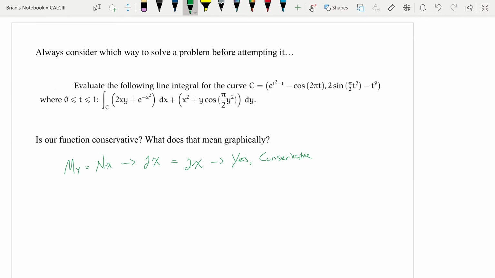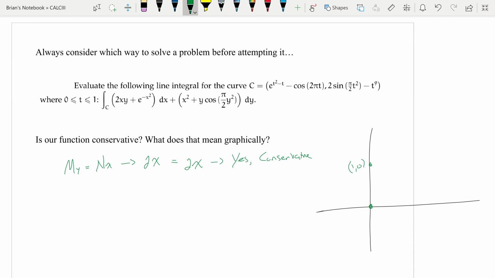Okay, so we proved that it's conservative. What does that mean graphically? I kind of showed you guys before. This just has an x and a y and no z in it. So if we have a function, it's starting at some point, and I'll save you the pain. It starts at 0, 0 and goes to 1, 0 if we plug in our t.